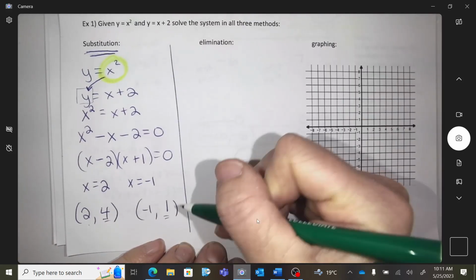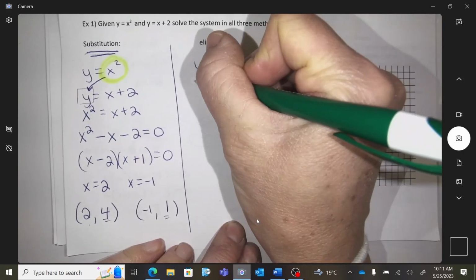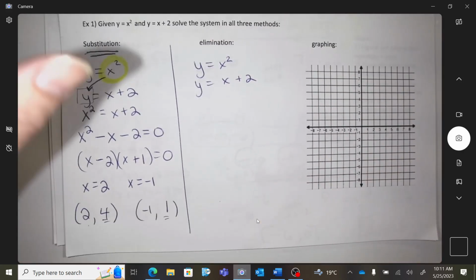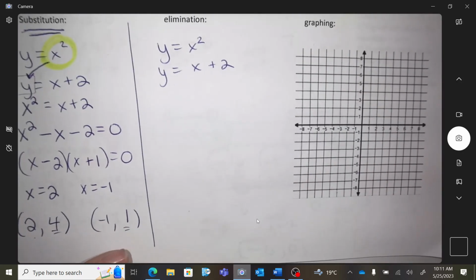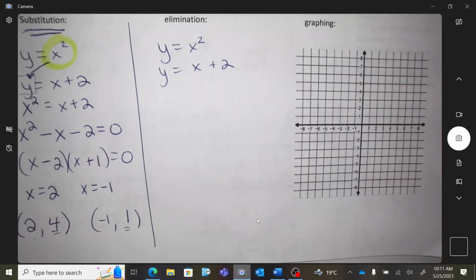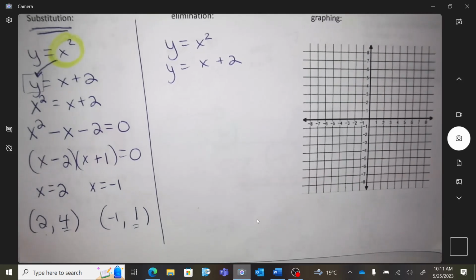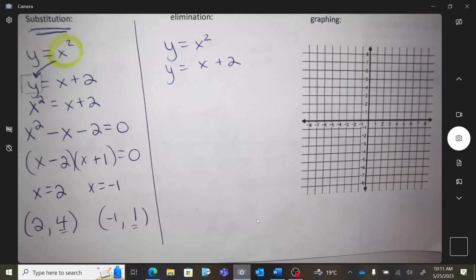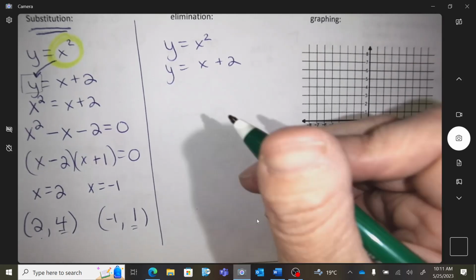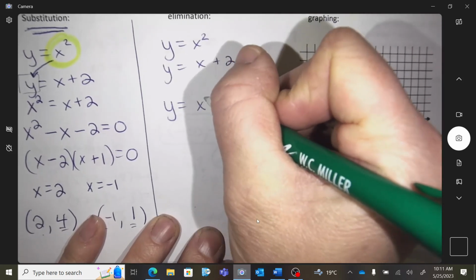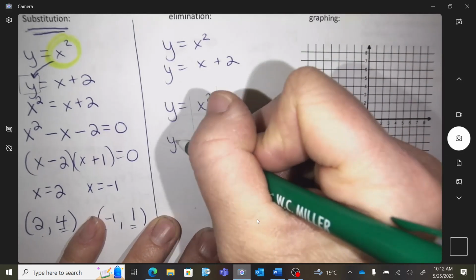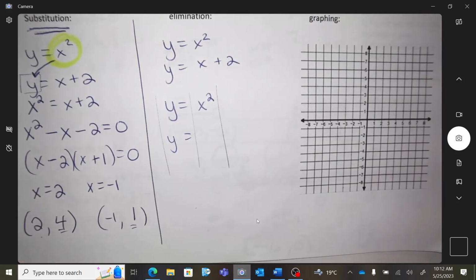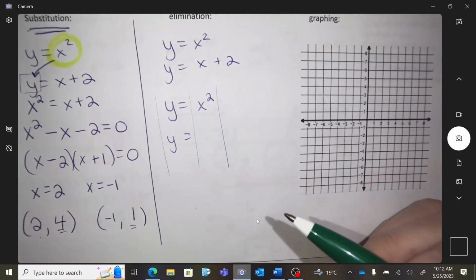Okay, elimination. When you eliminate, you have to have things stacked on top of each other in columns. So I'm going to have to rearrange some stuff here so that they're lined up. So y equals x squared. This is the y column, this is the x squared column.